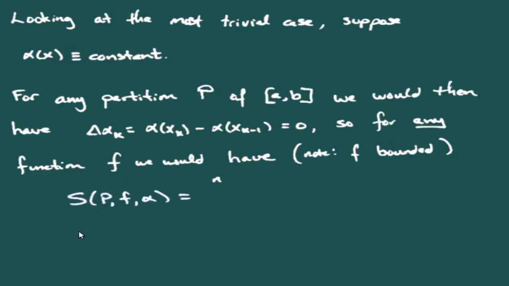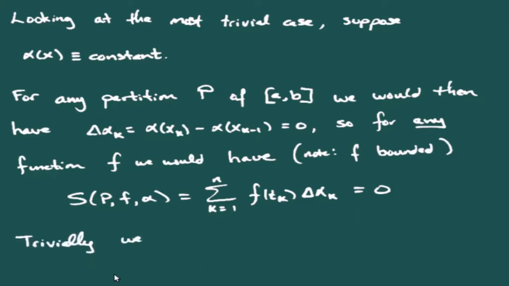So all of our delta alpha sub k's are going to be 0. So if we have any bounded function f, then for whatever Riemann-Stieltjes sum that we take, for any selection of t values, we're still going to get 0. And so the absolute most trivial case we can come up with, when alpha is constant, is that the integral from a to b of f d alpha is just 0.